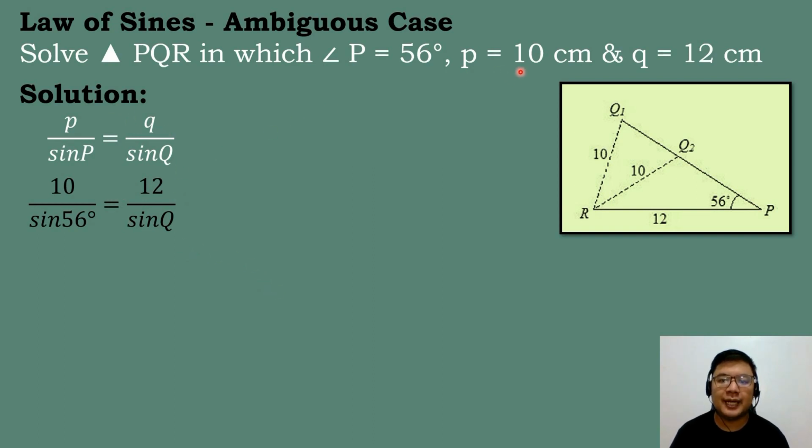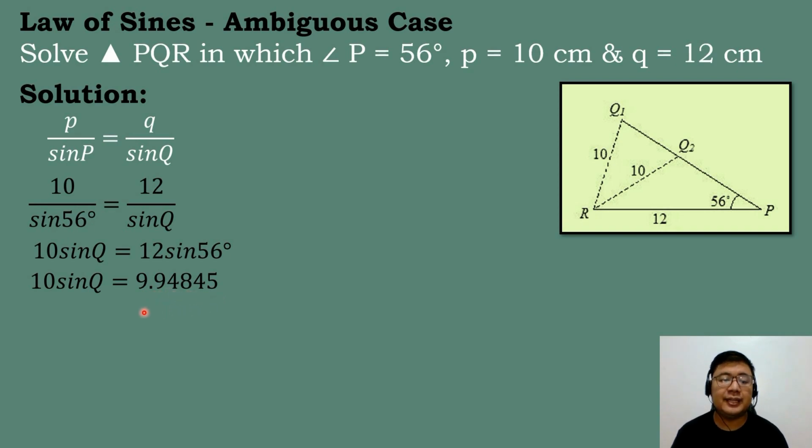The measure of side P is 10 over sine of angle P, which is 56 degrees, equals side Q, 12, over sine Q. Then let's cross multiply. 10 times sine Q is 10 sine Q, equals sine 56 degrees times 12, which is 12 sine 56 degrees.